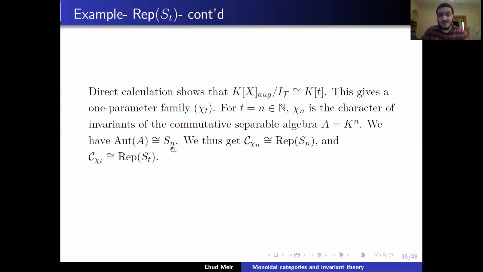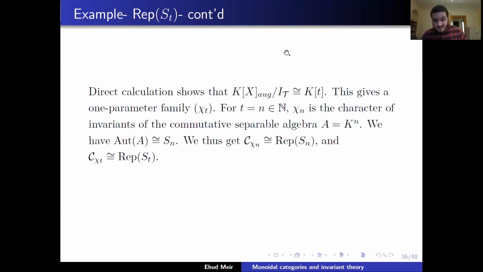And we know that the automorphism group of that commutative separable algebra is just Sn, the symmetric group on n letters. Okay, because all that we can do is to permute the basis that we have of idempotents of this algebra. So it does get that Sikai n is rep Sn, and then Sikai t is what Deligne called rep St.